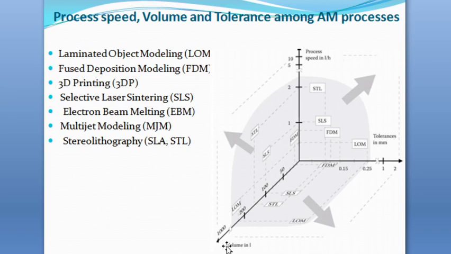According to the volume of production, here SLS is 50 volume in 1 hour, and STL is more than SLS components. These are the volume of production.